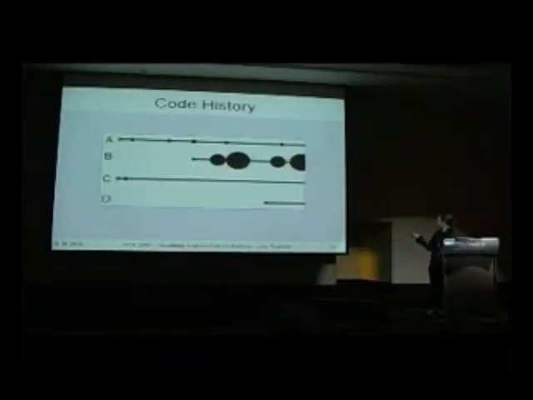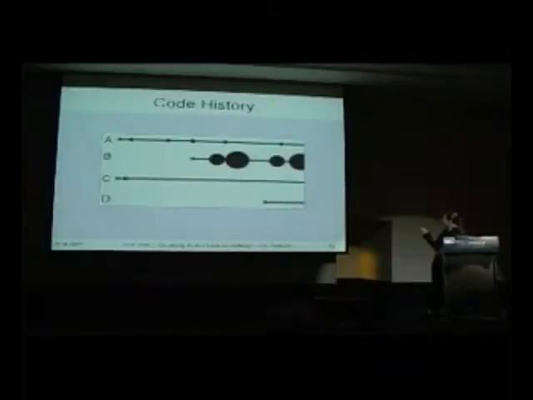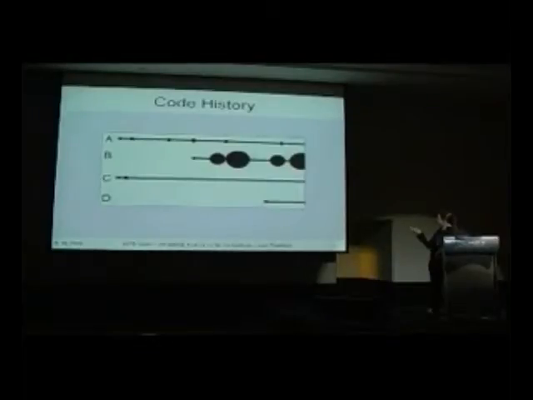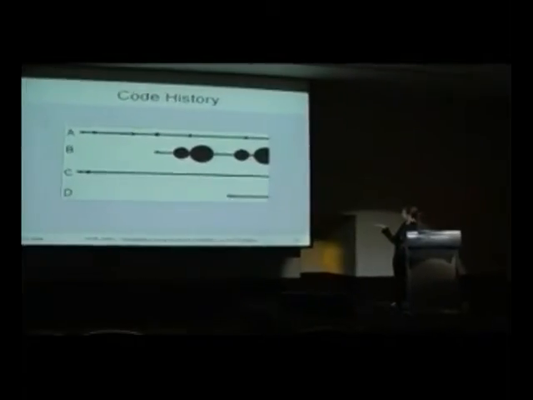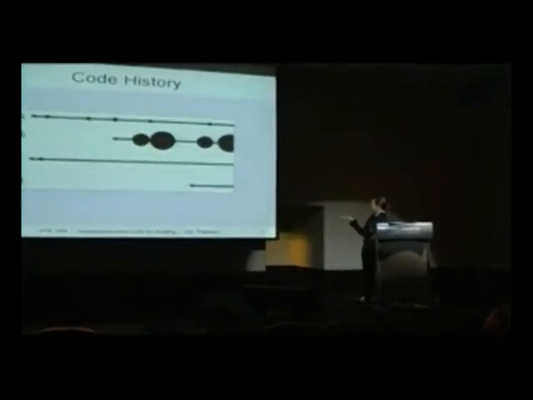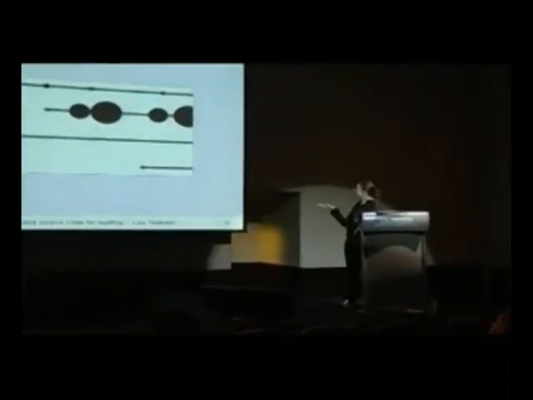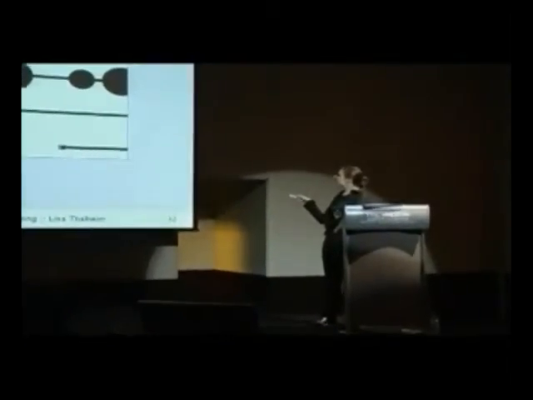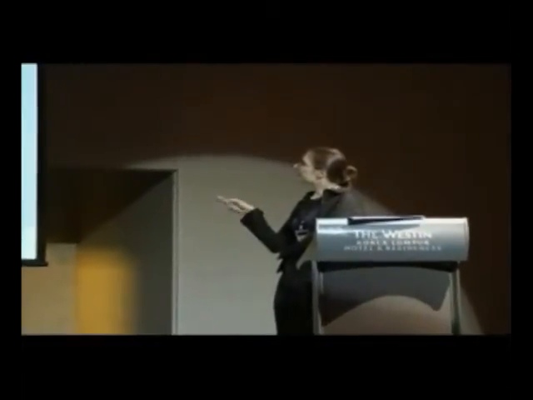So I haven't actually implemented that feature, that's just a mock-up. The funky bubbles there are the code changes, and this is the timeline, and each string is one piece of code. So the code in A is rather old and has seen quite a few incremental changes over time, so that's less likely to be riddled with holes.